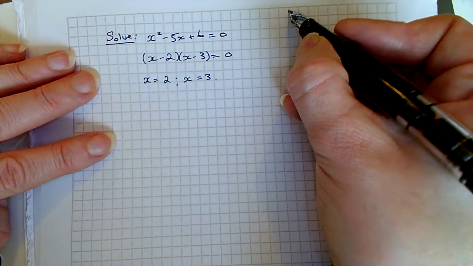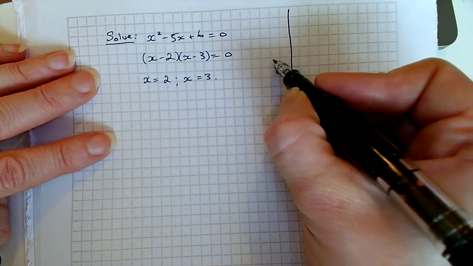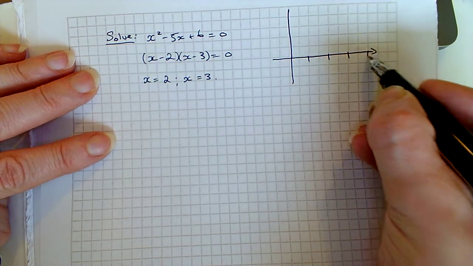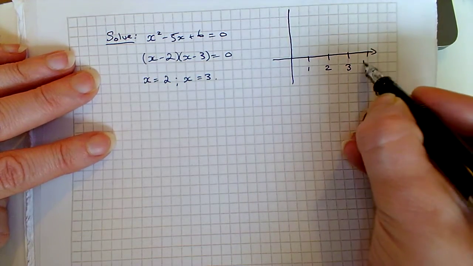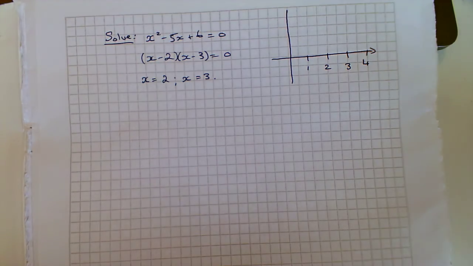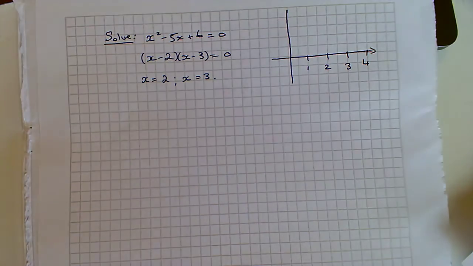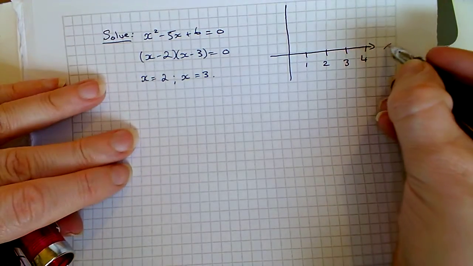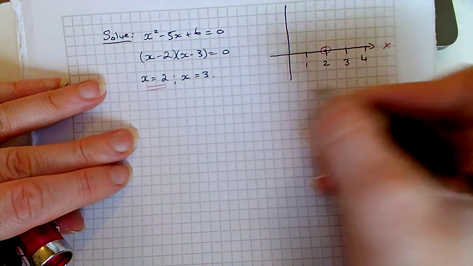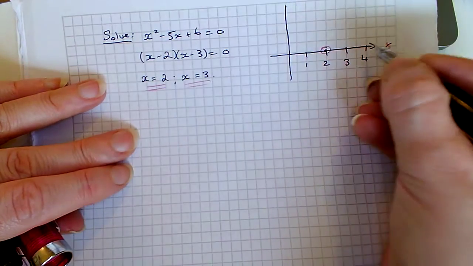What that means is that when I draw the graph of this function, the graph of the quadratic, which is either U-shaped or N-shaped, is going to cross the x-axis at those 2 points, when x is equal to 2 and when x is equal to 3.